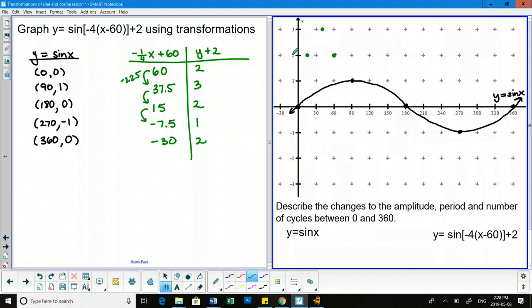And then we've got negative 7.5, which is about a quarter of the way between negative 30 and 0, so it's about right here-ish. And then our last point was negative 32. Okay, so there's our first cycle.